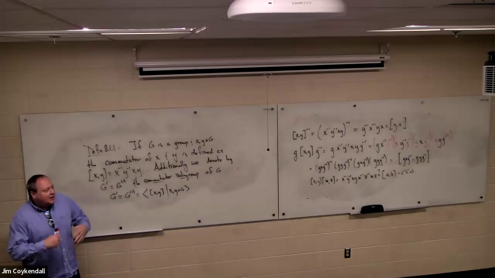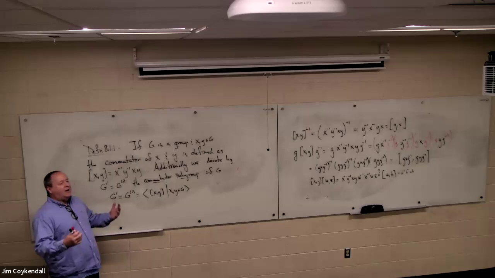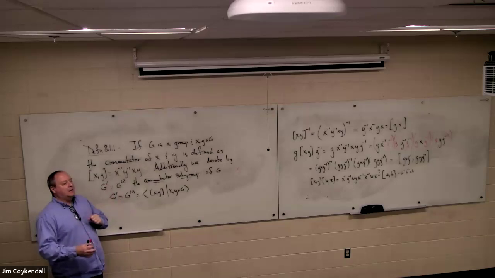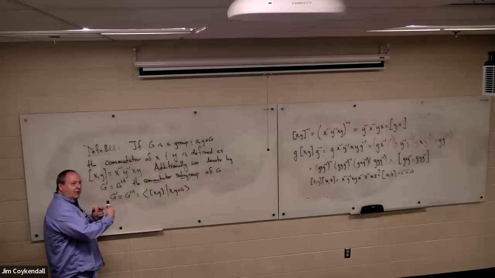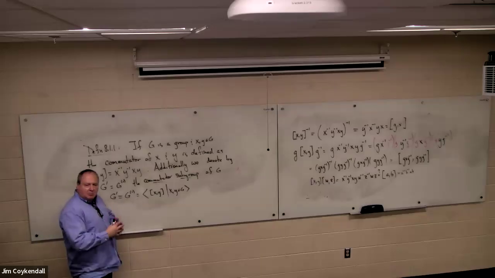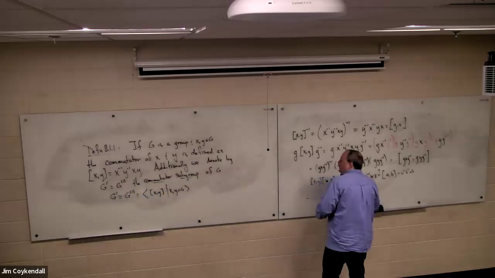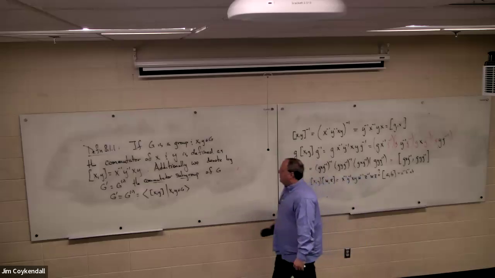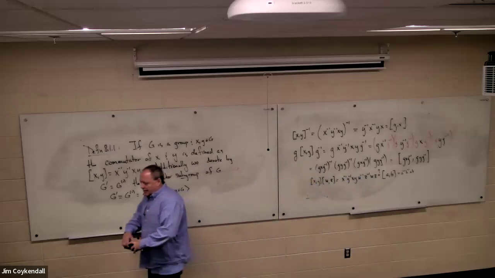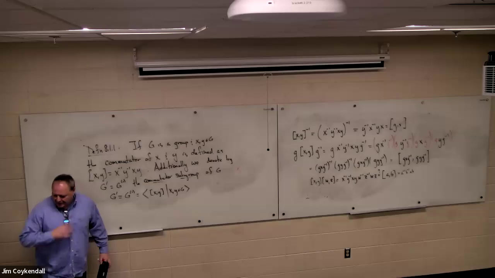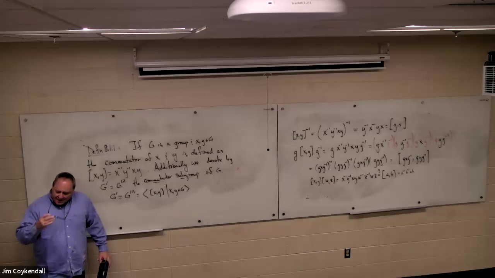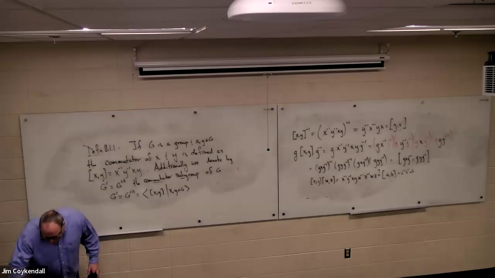So instead of saying the commutator subgroup, a typical element in the commutator subgroup, instead of being a single commutator, is just a bunch of commutators strung together. That's basically it. Okay, so this is kind of a crash course, remembrance of an old friend. This is the commutator subgroup.